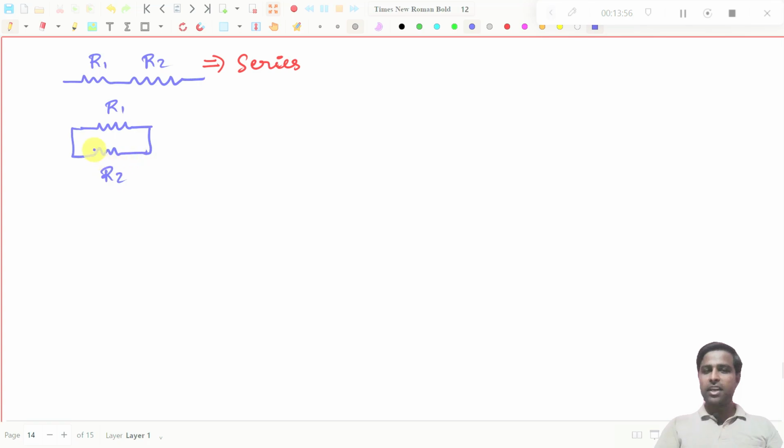If you see a connection like this, where both terminals of both resistors are connected, which means R1's one terminal is connected to R2's one terminal and R1's other terminal is connected to R2's other terminal, these types of connections are called parallel connections. You should know these basics very well, and if you understand this, then we can easily solve all the resistor problems.